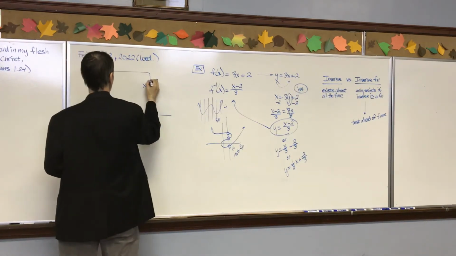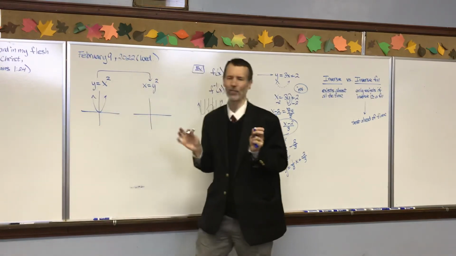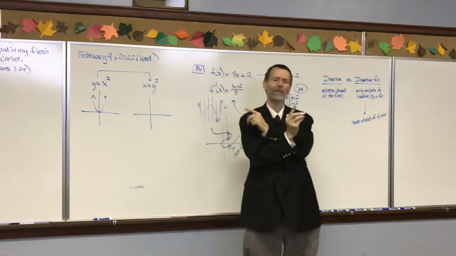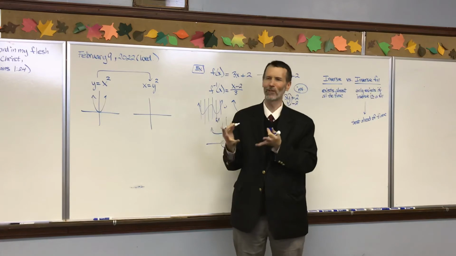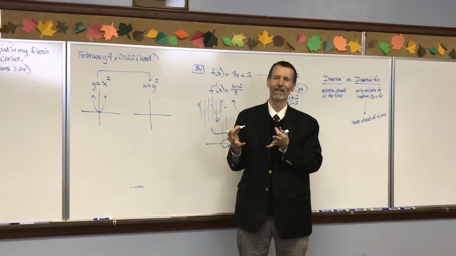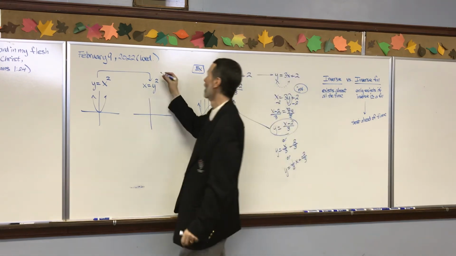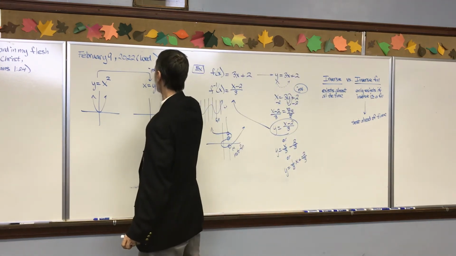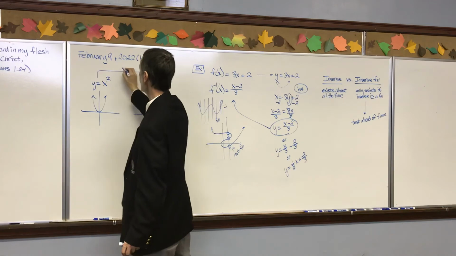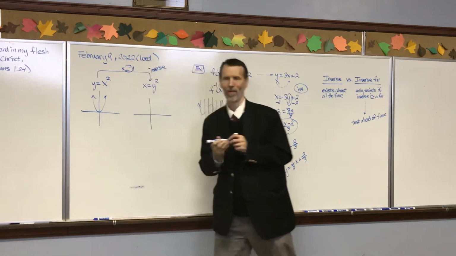What's a special name for when we take something and flip it over the line y equals x? The result is called an inverse. When you swap x and y, you're going to get an inverse. I don't know if it's an inverse function or not yet. We're going to find out in a minute.